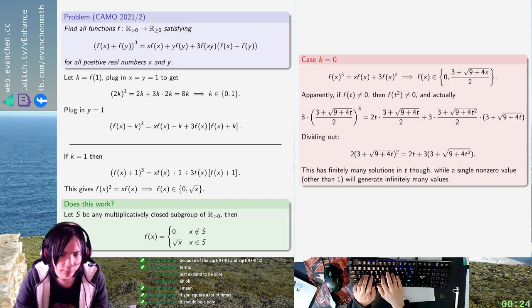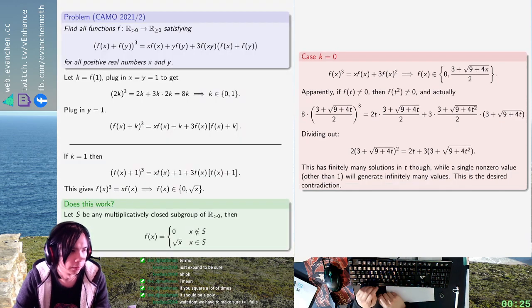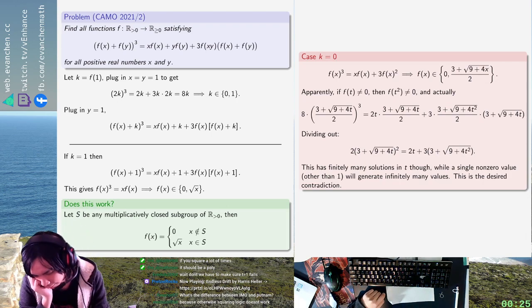So this forces t equals 1. This is the desired contradiction. You don't have to make sure t equals 1 fails because we assumed k equals 0. Alright, so that should work.